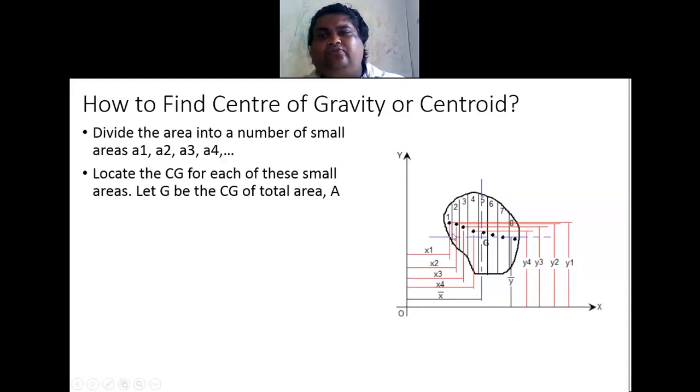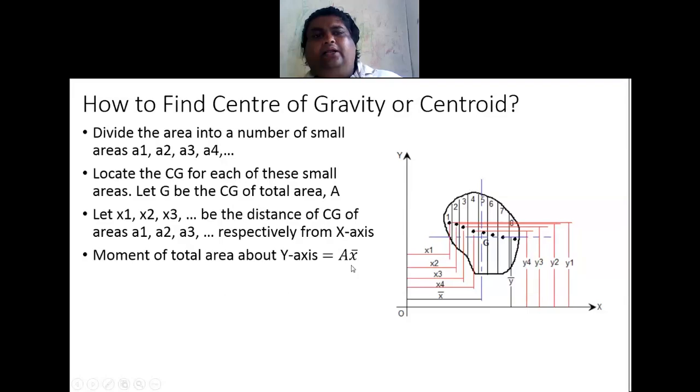So first we have to locate the distance of these CGs from the x-axis and y-axis. From the y-axis, the distance of the center of gravity of each elemental area is x1, x2, x3 and x4, and along the y-axis it is y1, y2, y3 and y4.